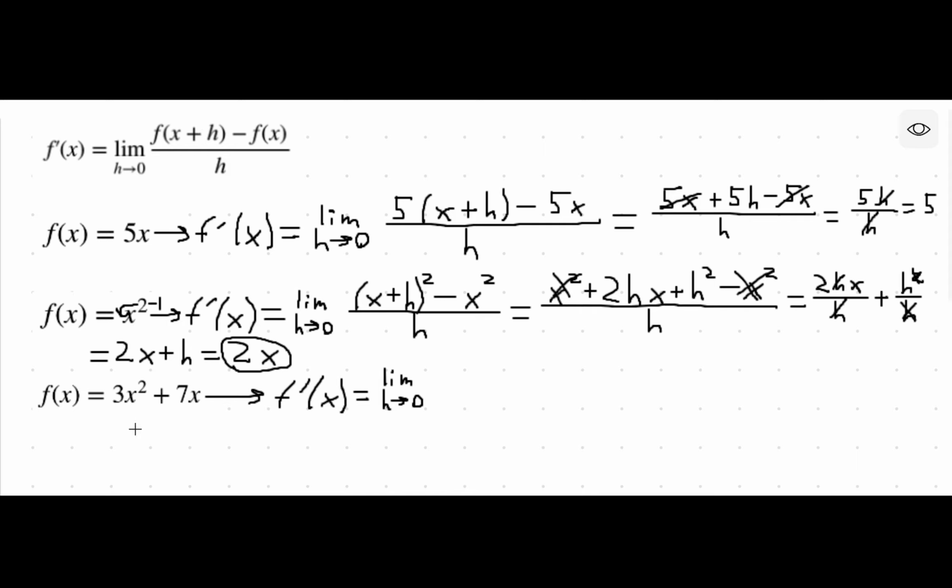So again, anywhere I see an x, I replace it with x plus h. So for the first term, I have 3x squared. So if I'm calculating f of x plus h, the first term is going to be 3 times the quantity of x plus h squared. So then for the second term, 7x, it's going to be 7 times the quantity of x plus h.